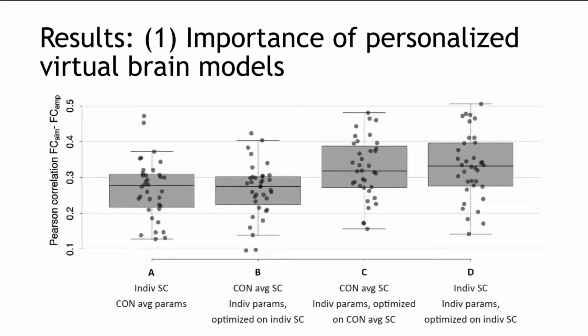Two elements contribute to the construction of personalized virtual brains: individual SC matrix and fitting of model parameters by using the individual SC matrix. Using individual structural connectomes did not yield better predictions of individual FC patterns compared to using the control average SC matrix. This is, however, a limitation of all current computational modeling studies.